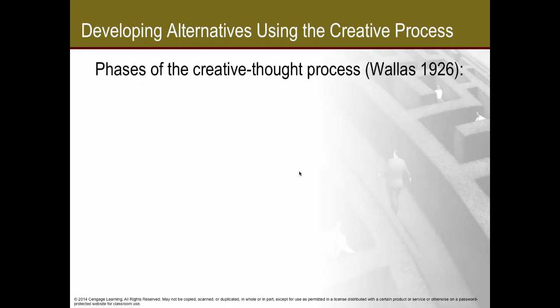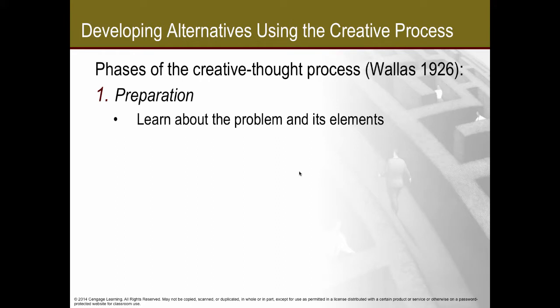Phases of the creative thought process by Wallace. Basically, we want to see what creative thought is. What are the processes for creative thoughts, right? It's very good to know. First, preparation. When we want to have creative thought, we have to have preparation. Learn about the problem and its elements.